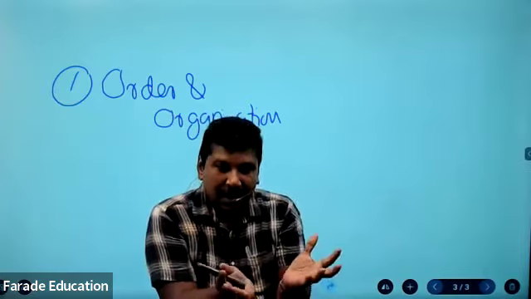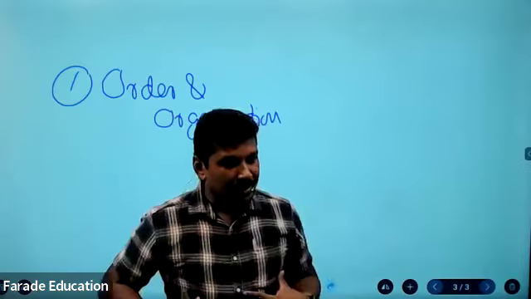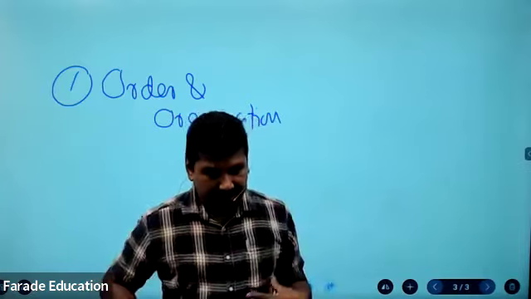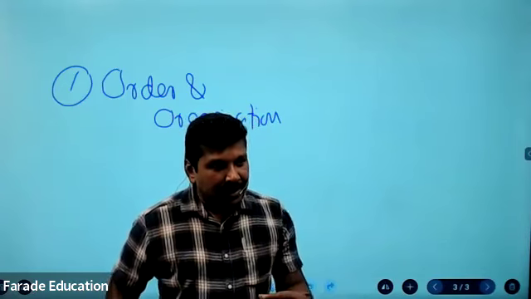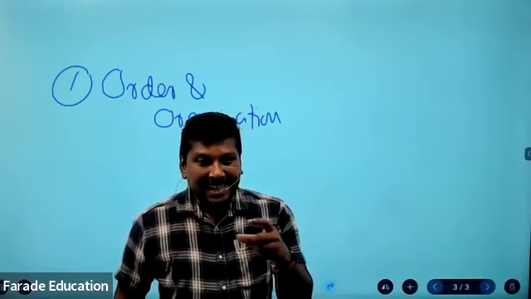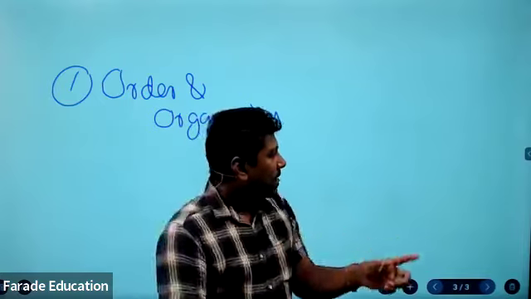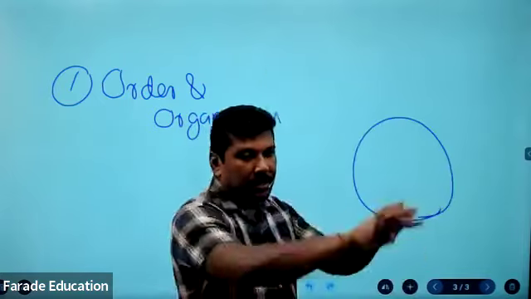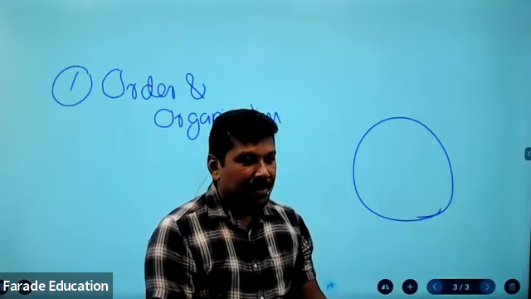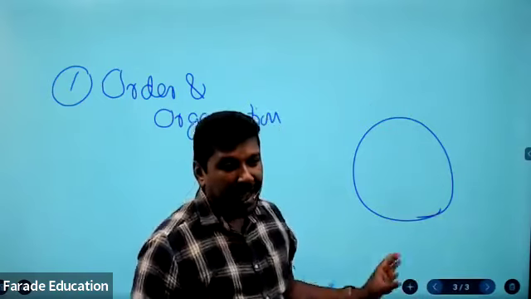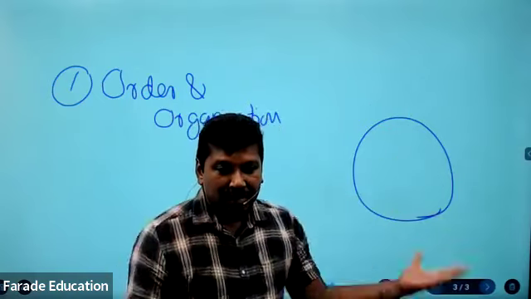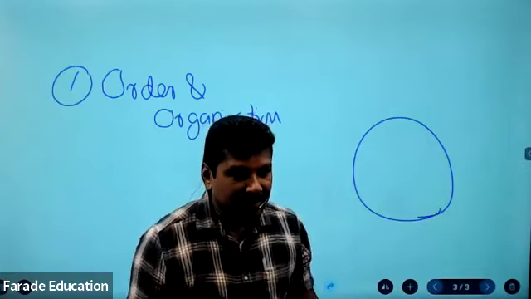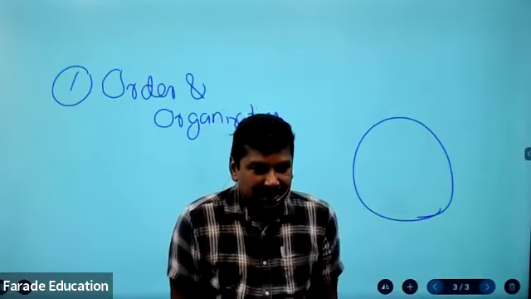For example, consider human beings. We have trillions of cells, but they are not arranged like a load of sand or cement or a load of rice. I am not a packet of cells.